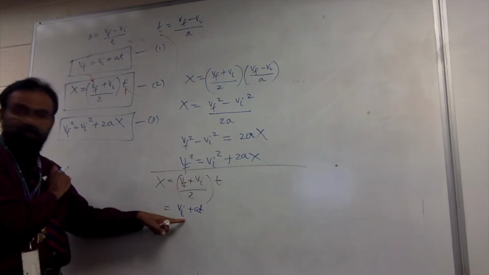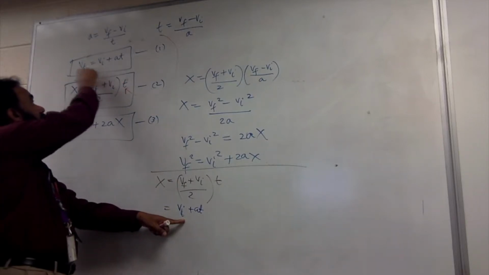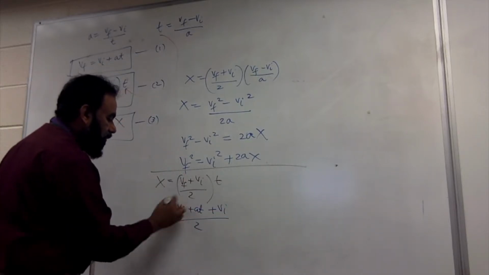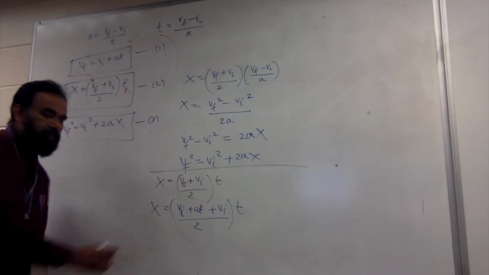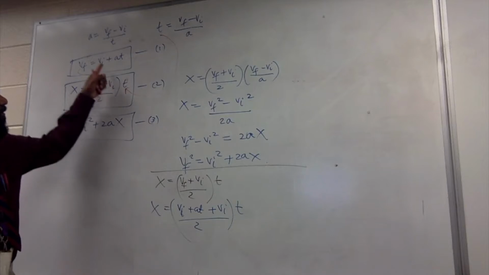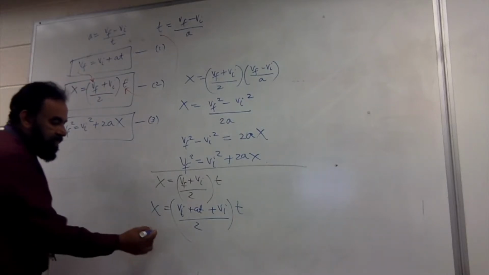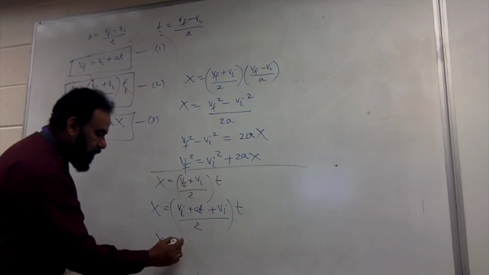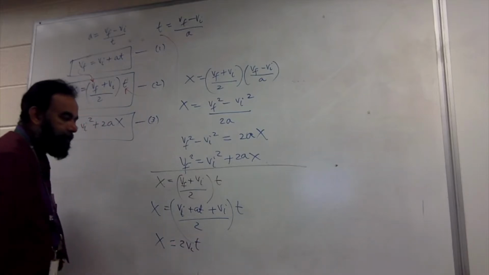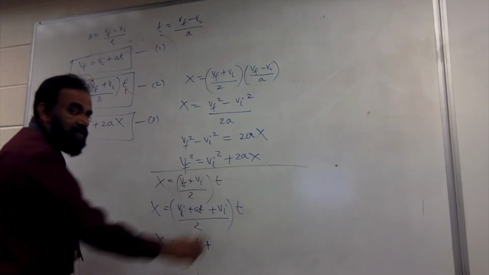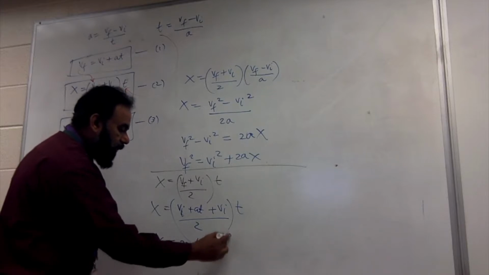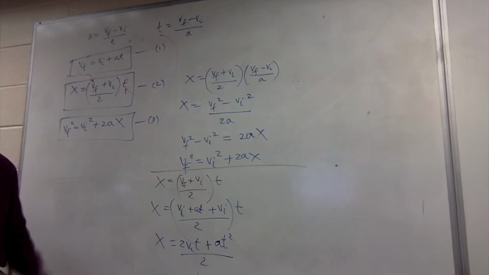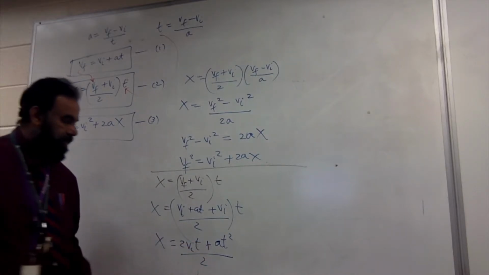I've replaced this Vf with this, and then the rest of it, plus Vi over 2 times time. That is X. Now X is equal to 2 Vi times time plus At times time, that is At squared, all divided by 2. Now if I divide each of this by 2, I get my equation.